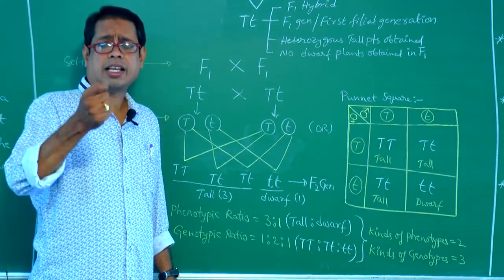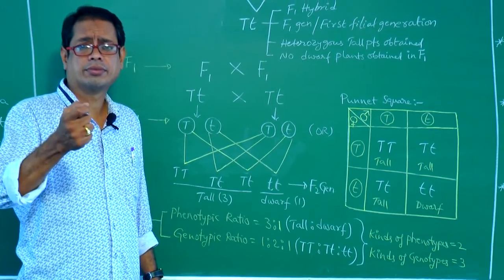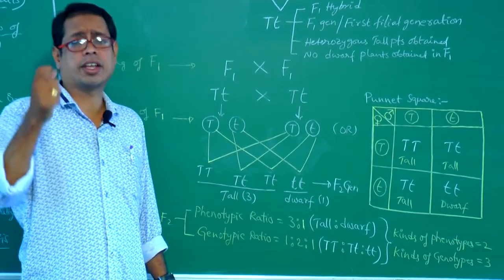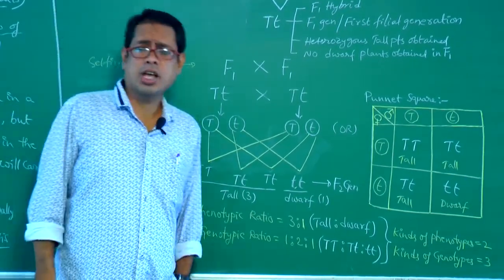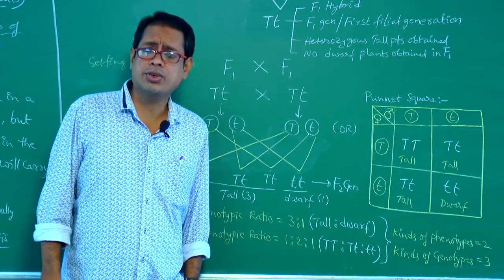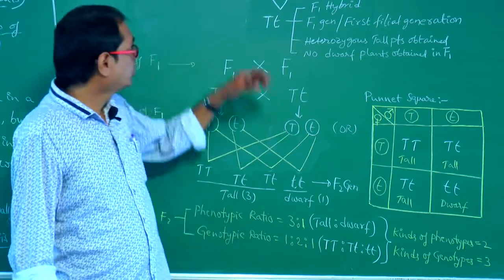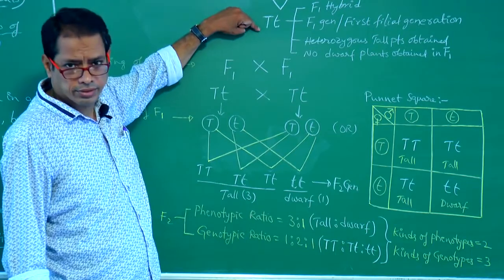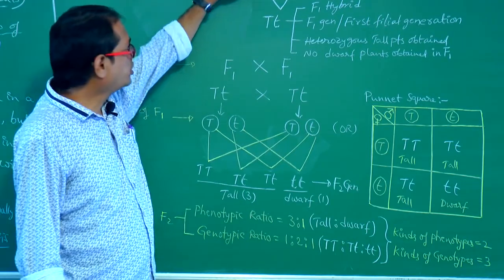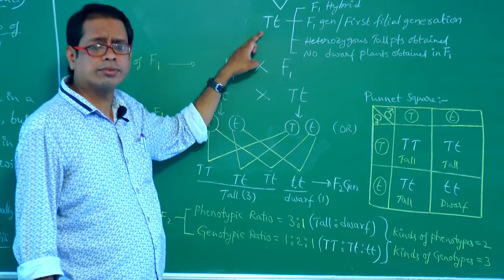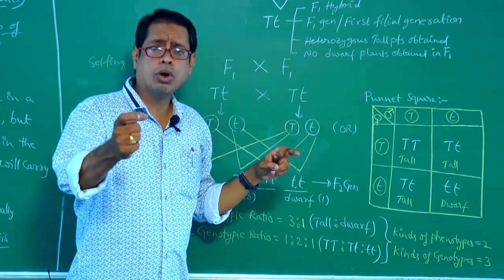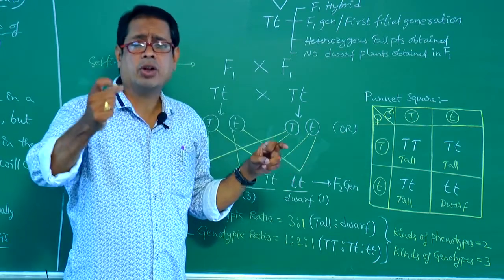The character that is expressed in both homozygous and heterozygous state, whether it is tall or dwarf, is the dominant character; the other is the recessive character. This is homozygous, this is heterozygous. That means this is tall and this is tall.